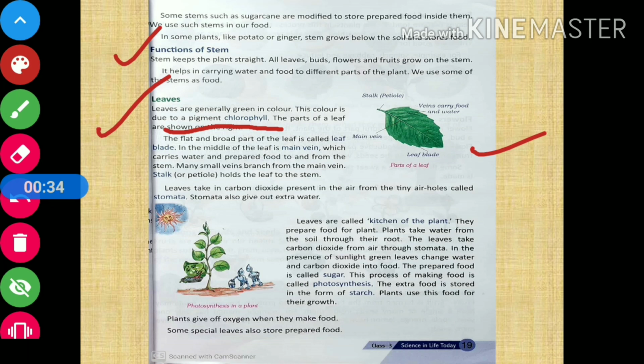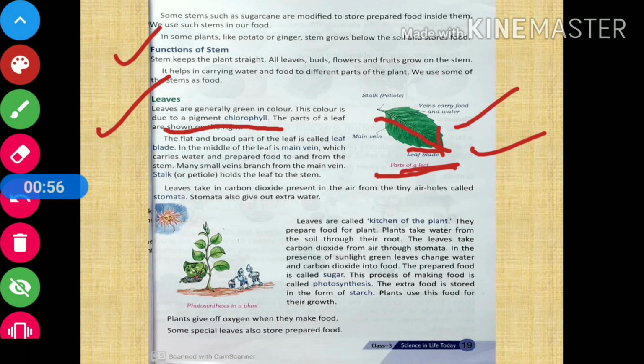Now let us see the parts of a leaf. As you can see, the flat and broad part of the leaf, these edges, is called the leaf blade. There is a middle portion of this leaf called the main vein. What do these veins do?